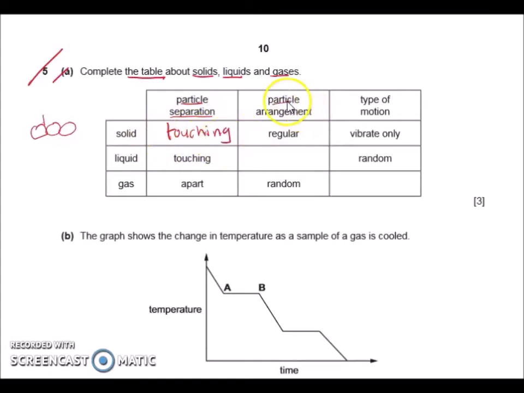Particle arrangement for liquid is random, because the movement of particles inside the liquid is very random. The type of motion of gas is also random because we cannot predict where they are moving. Once you have completed this table, you'll have 3 marks.